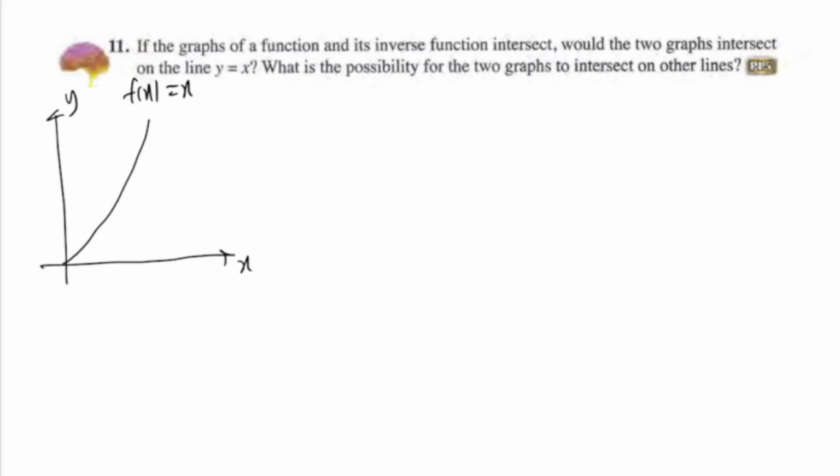So let me redraw this. One more time. The graph is supposed to look like this. The moment you inverse it, the graph will look the other way around. Let me use a different color. Let me just draw the inverse this way. The opposite of x squared is the square root of x.